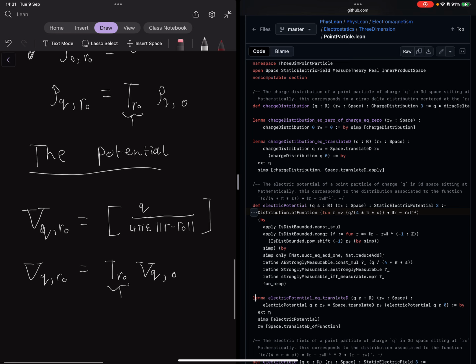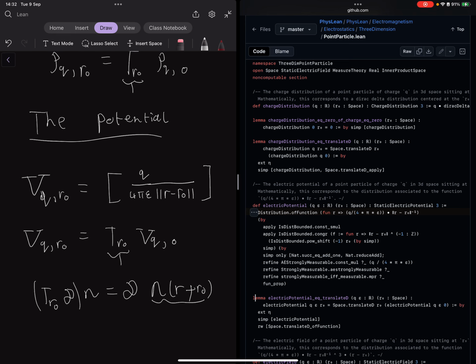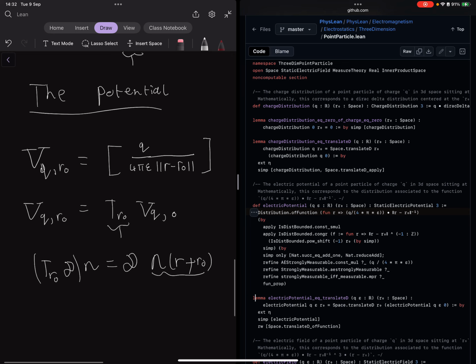So basically, if you have a distribution D, for example, the translation of that operator acting on eta is equal to the distribution acting on eta, let me actually call this R0 down here, of R, where you translated this function by R0 in the opposite direction. And that's basically how this translation operator works.